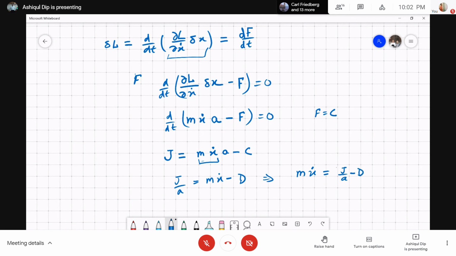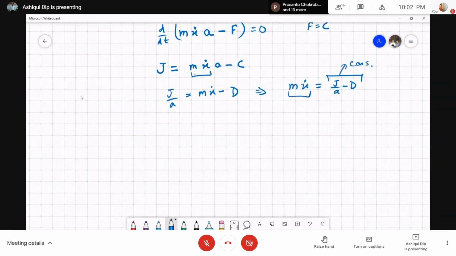By construction, this whole thing is constant, so m x dot has to be constant. It's pretty trivial, that's why you cannot see many things. So we can do something a little more complicated that might seem not to have a conserved quantity, but it has. Then you'll understand.